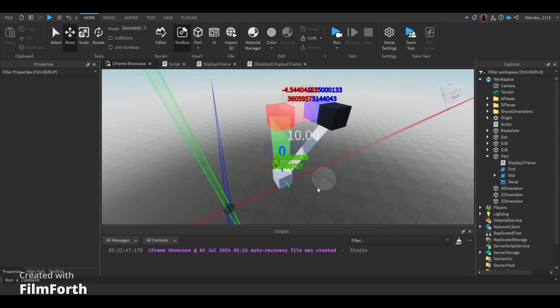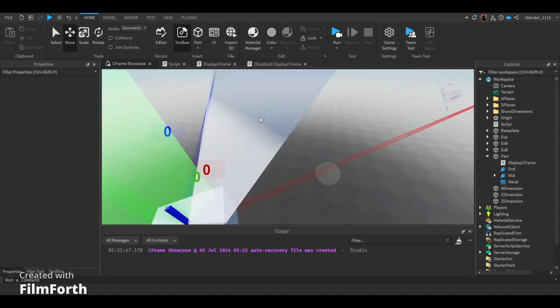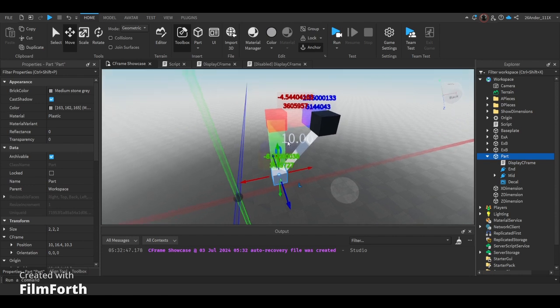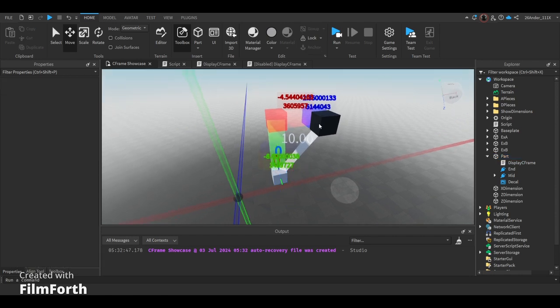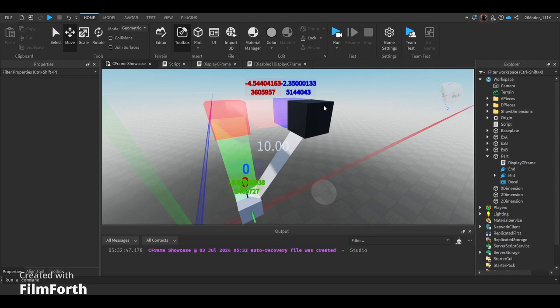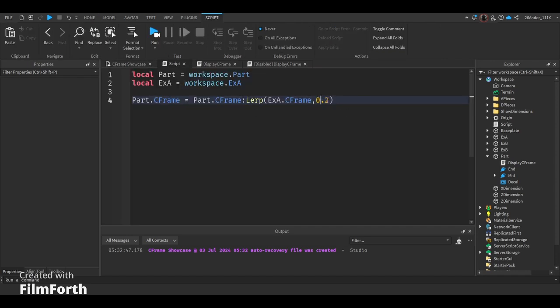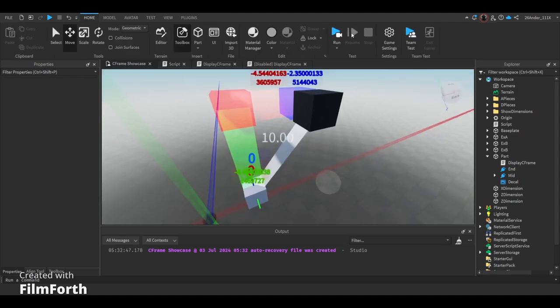My definition is it moves this CFrame closer to your target CFrame, which I made the black box again. And then you put in a decimal, which is percentage. So 0.2 is equivalent to 20%. If you just want to convert a whole number to percentage, just divide it by 100. So 20% divided by 100 equals 0.2. So I move it 20% toward the black box.